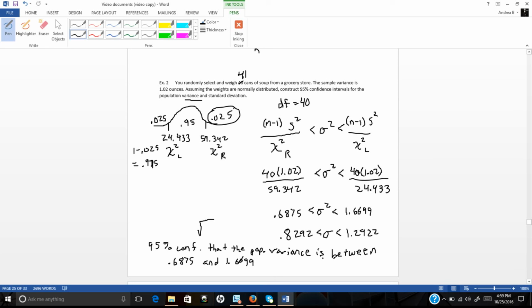And then you could do the same sort of thing for the population standard deviation, which is the second one, that you're 95% confident that the population standard deviation is between the 0.8292 and the 1.2922. So it doesn't have to be real tricky for those interpretations.